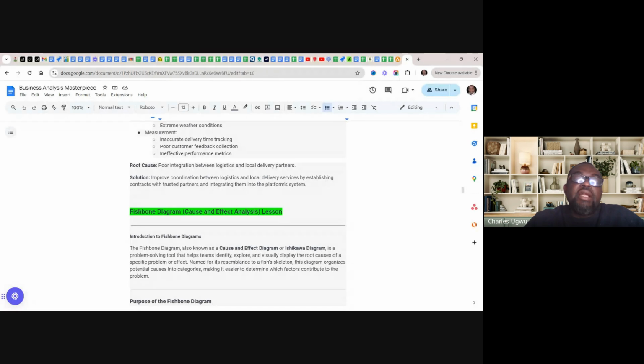So as a business analyst, now you have the potential to use root cause analysis or gap analysis. We have other methods, so many advanced business analysis methods. But for now, these two are the most commonly used in the industry, and getting to know them very well will help you get started very well.